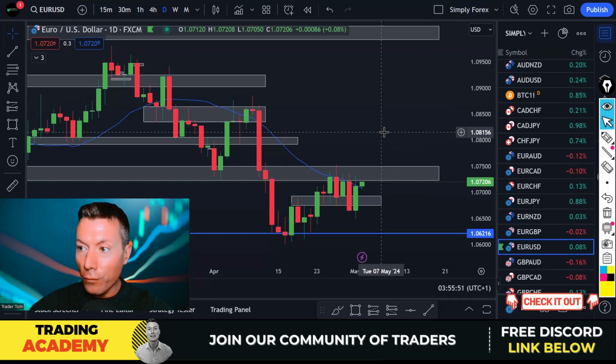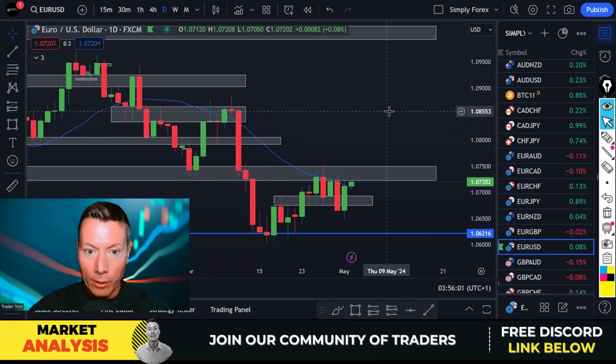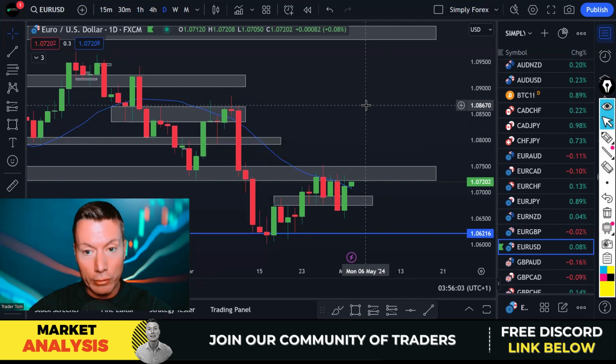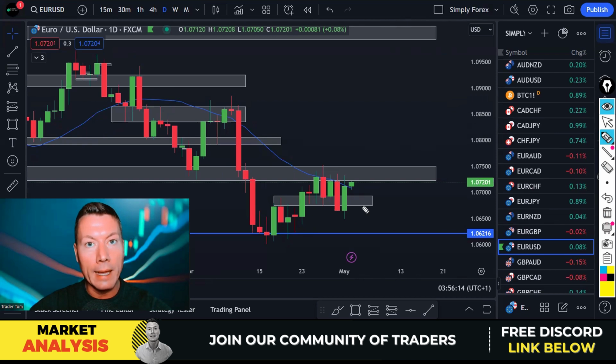Right, trades for Thursday, the 2nd of May then, guys. So yesterday was all about the Fed interest rate decision, and the aftermath of that is what we're looking at. Now, I am still interested in Euro US dollar sells. When news comes out, most of the time you're going to get a bit of an aggressive move in one way or the other.